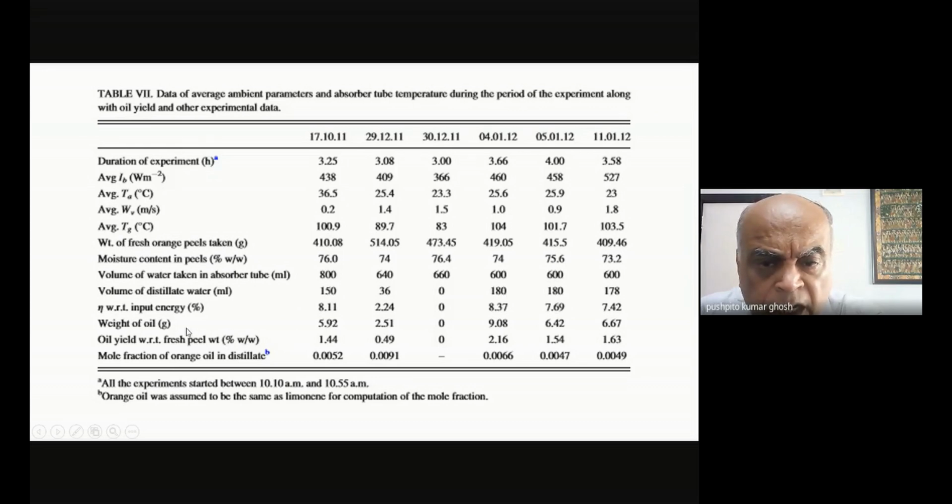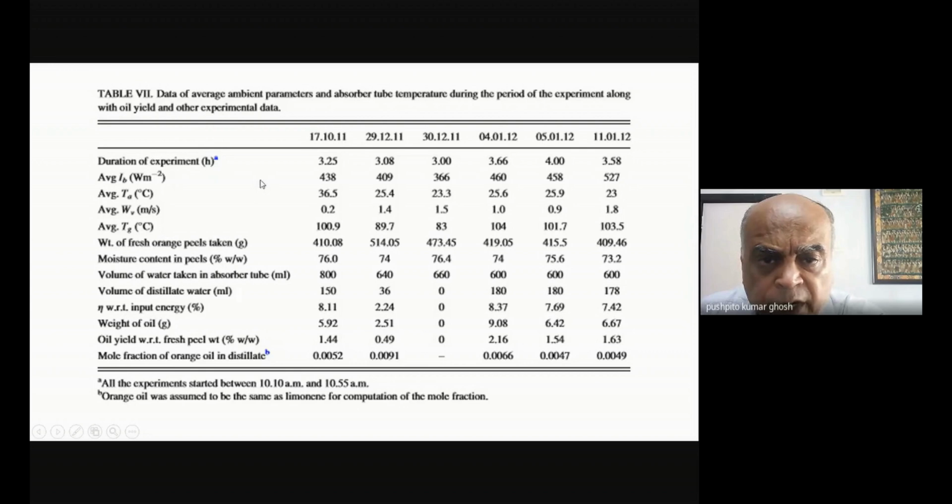And depending on the type of behavior day to day, many times you can also get fairly large variations in, for example, the oil yield, you can see is varying a lot, from 2.51 to 9. And here you'll see that generally the insulation is high.